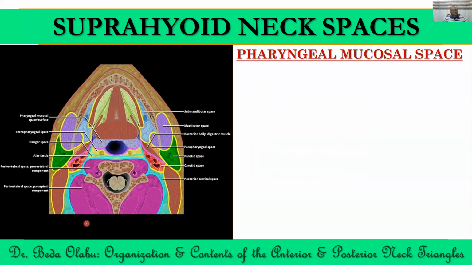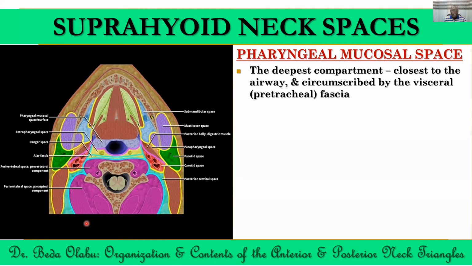We'll then talk about the pharyngeal mucosal space. The pharyngeal mucosal space is not an actual space, really. It's a space in quotes. It is the deepest compartment of the suprahyoid neck spaces, the deepest because it is the one closest to the airway, in particular the pharynx.